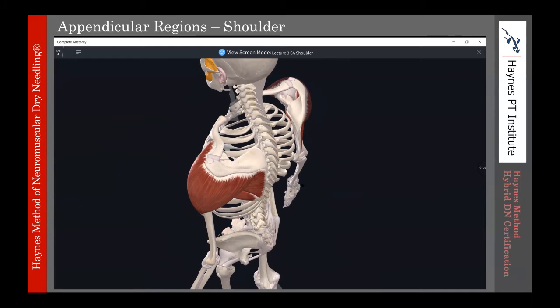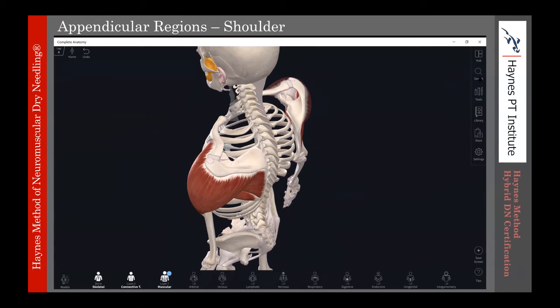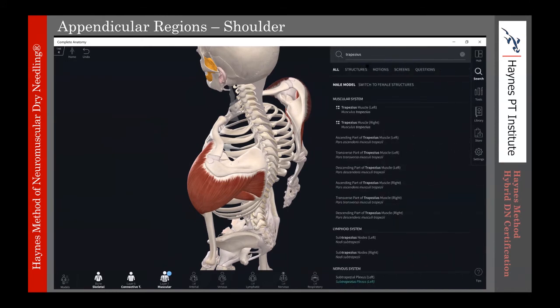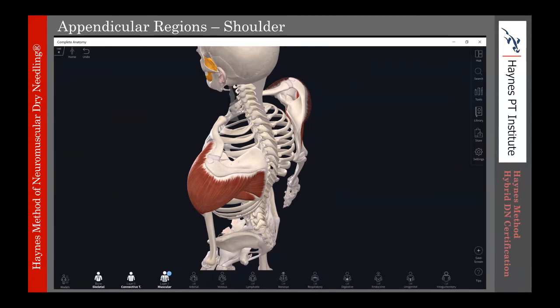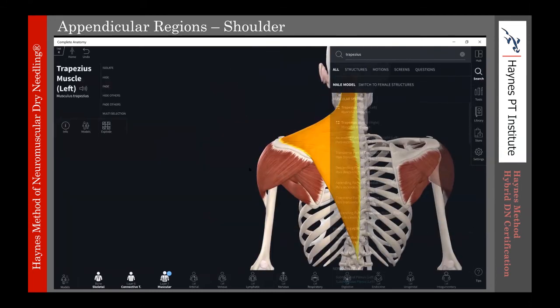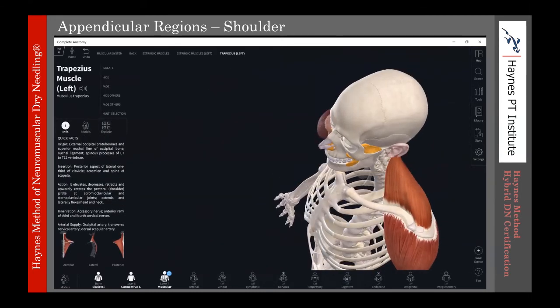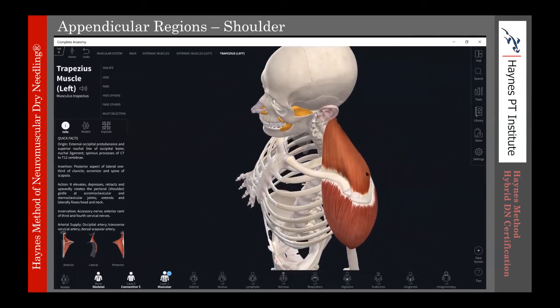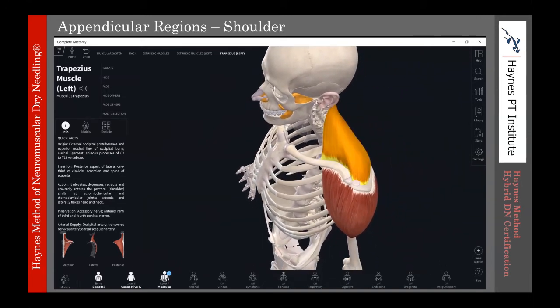Matter of fact, let's bring that on. Let me close this, and let's add in that left trapezius just to see how that looks. There we go. So as we look at similar, we had the pec major with a very similar orientation right here.